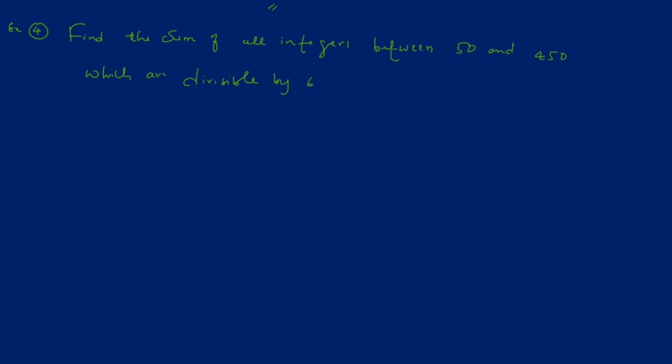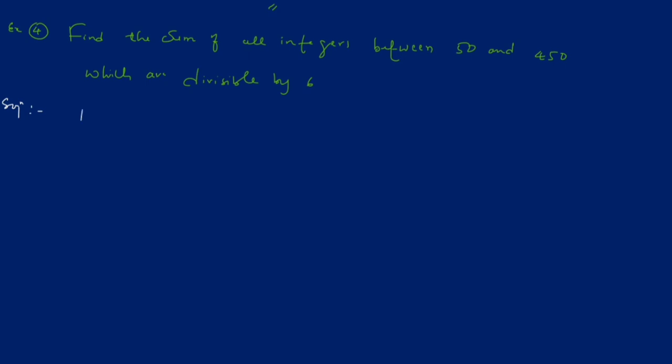So here the question is, we have to find the sum of integers between 50 to 450. They are not odd or even, all the integers from 50 to 450 which are divisible by 6 only. So it's a very interesting question and important also. So let's see the solution.